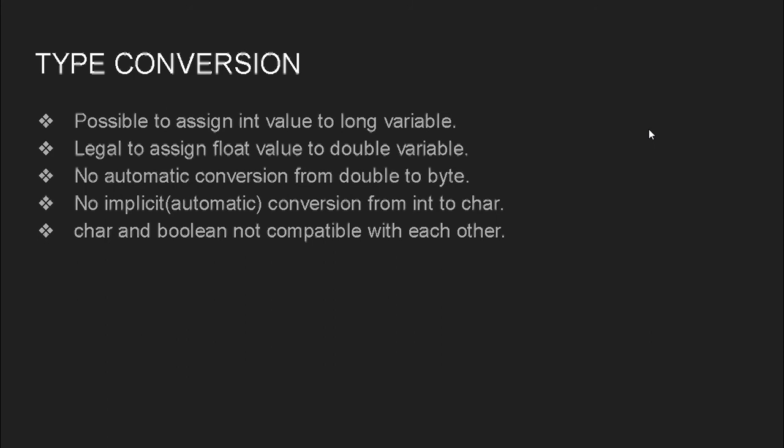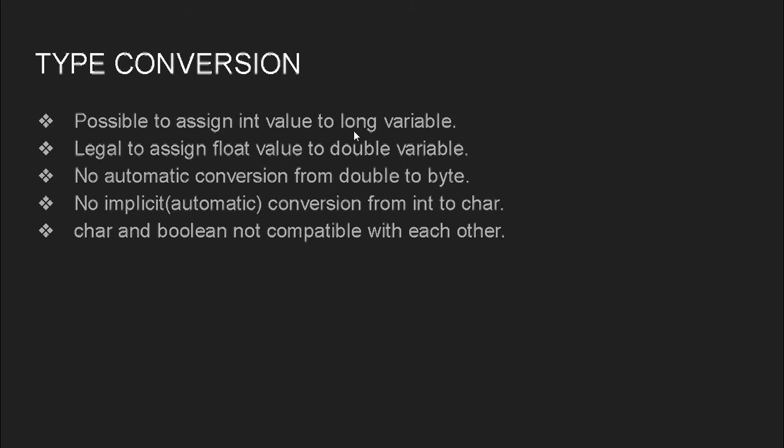Why it is not throwing an error, you need to understand the concept first. In the last tutorial I talked about the range, the width of the particular data type. So long has a width of around 64 bits, and int has a width of 32 bits. So it is possible to store 32-bit data in 64-bit because it has a very large width.